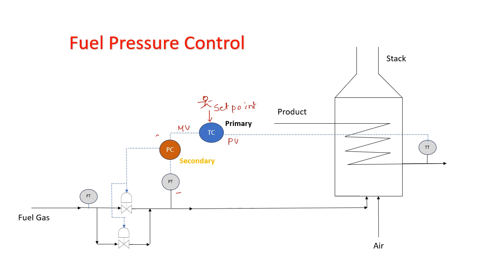And this MV will act as a set value to PC, and the PC will get the PV from the PT, and it will generate the MV. And this MV will control this fuel gas valve, right? And in that way, if there is a variation in the fuel flow, that will be taken care of without disturbing the coil outlet temperature.